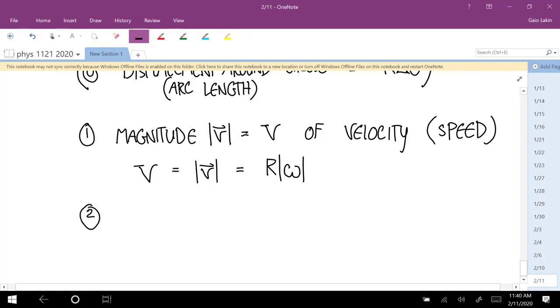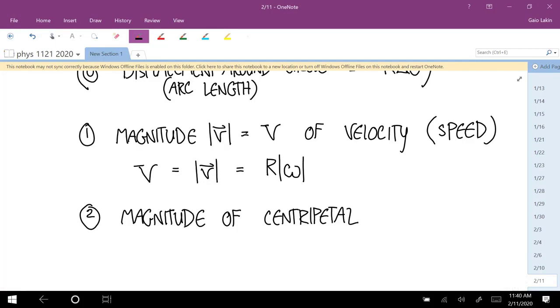The second one is the magnitude of the centripetal acceleration. Remember, this is the part of the acceleration that's perpendicular to the velocity. This is the one that makes the thing move in a circle, deals with the turning that keeps it moving in a circle.